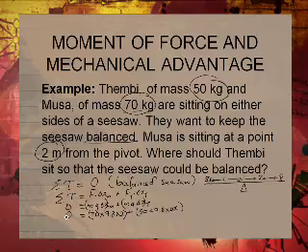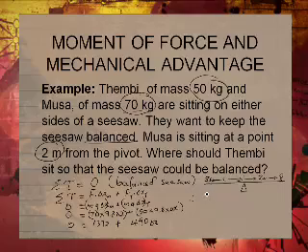So this equals 0. We've got 70 times 9.8 times 2, which is 1372, plus 50 times 9.8 is 490 delta x. This is equal to 0.